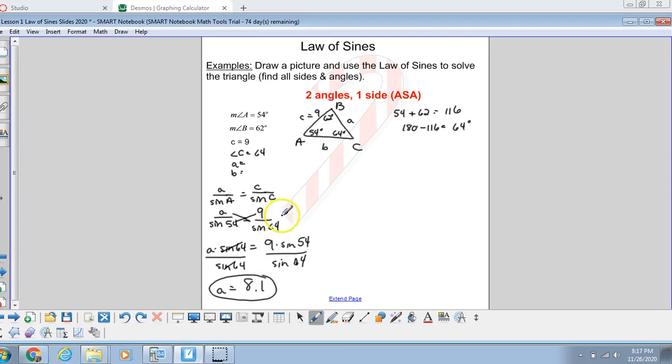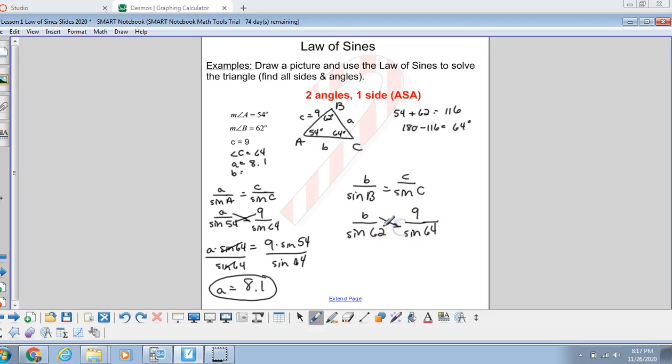And then to find our b, we will again use the side c and angle C because we knew that side c was given to us. And now we'll do b over sine B equals c over sine C. b is what we're trying to find over the sine of, well, angle B is 62, equals c, which is 9, over the sine of 64.